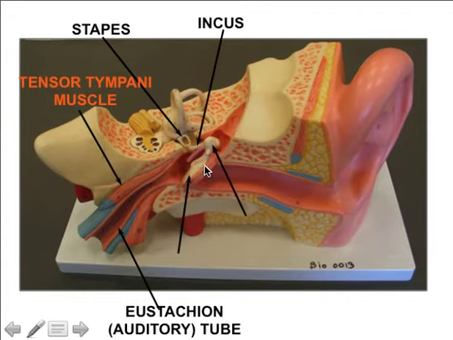This is the tympanic membrane, also known as the eardrum, and this is the malleus, which we sometimes call the hammer, which is directly connected to the eardrum on the medial aspect.